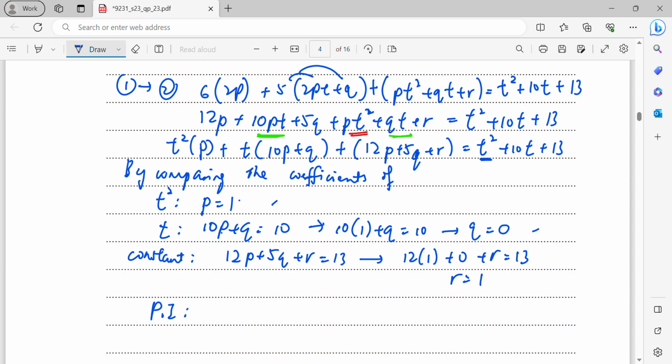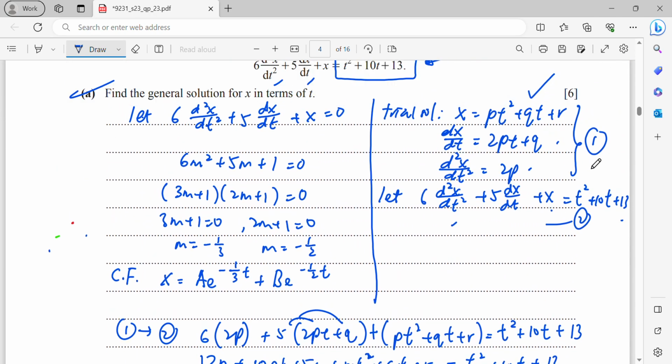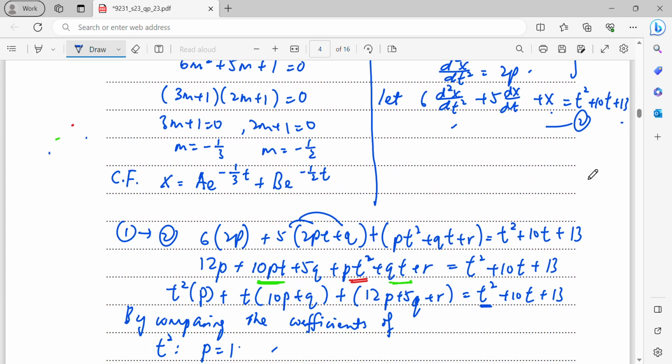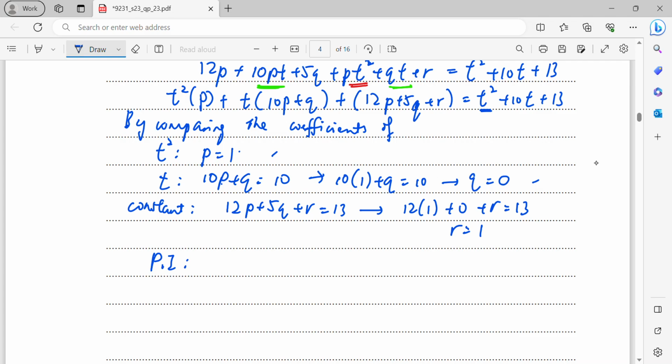So now my trial solution becomes the particular integral. Substitute your p, q, r into this x. The p is 1, the q is 0, r is 1. So that means I will get x equals t squared plus 1. Then followed by the general solution, it will be x equals CF plus PI, particular integral plus complementary function.